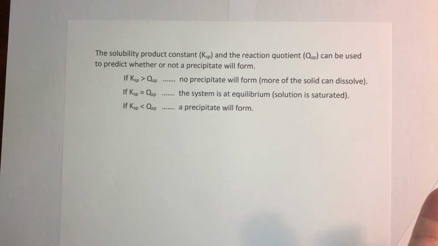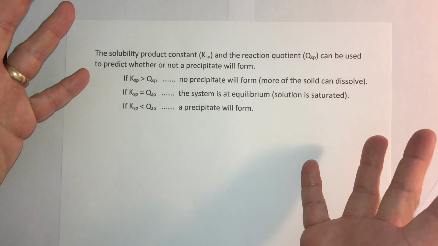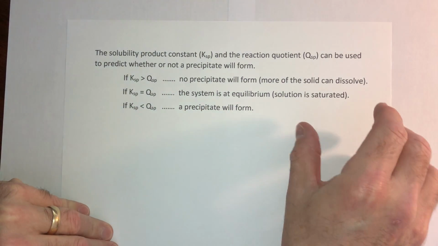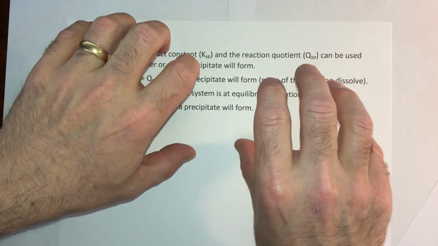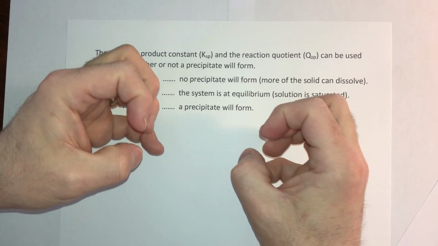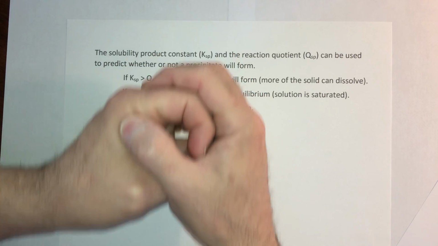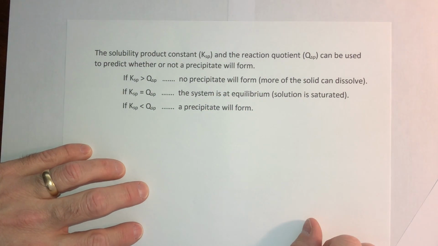Usually it's like a yellow solid or a white solid, but this solid just magically appears. And it's because you are adding your first ion, you're adding your second ion, and together you have too many of them. And if you have too many of these ions in the water, they're going to have to come together, form a solid, and settle to the bottom. Okay, so this here is worth learning.